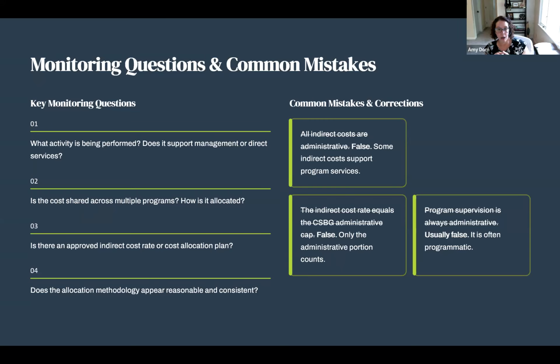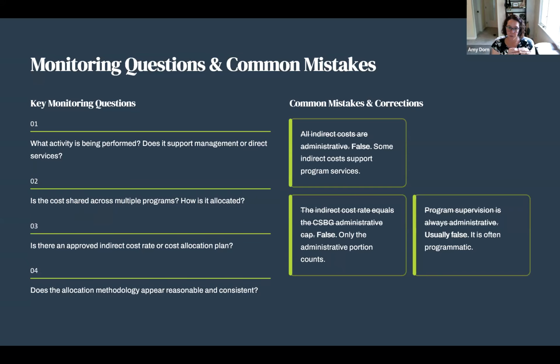So here are some of the common mistakes that we have encountered. All indirect costs are administrative. No. Some indirect costs, like the rent example, support program services. The indirect cost rate equals the CSBG administrative cap. No. Only the administrative portion of indirect costs counts towards the CSBG administrative cap.